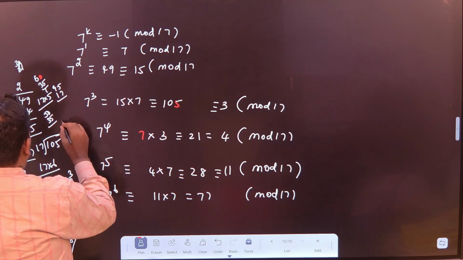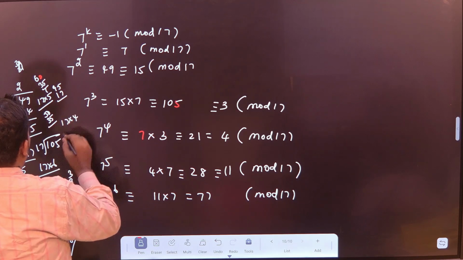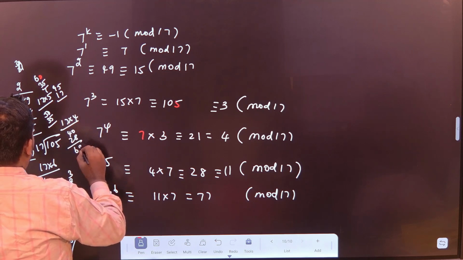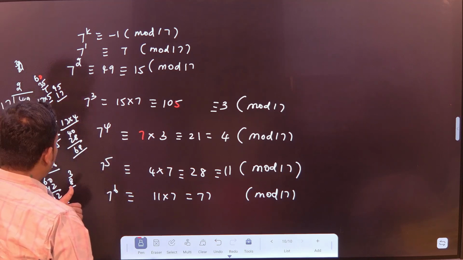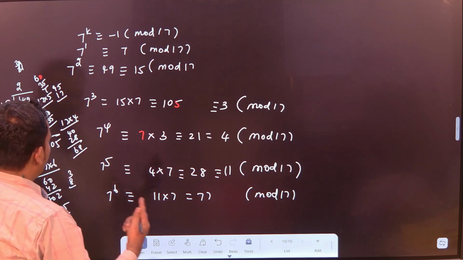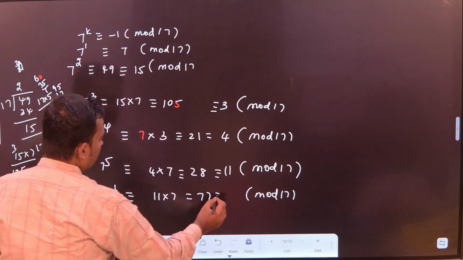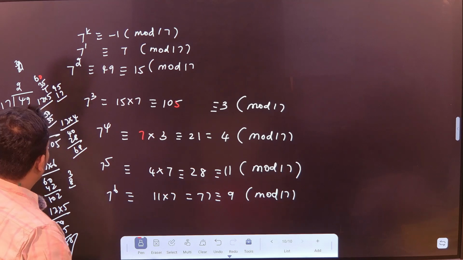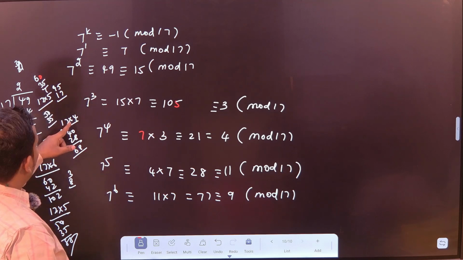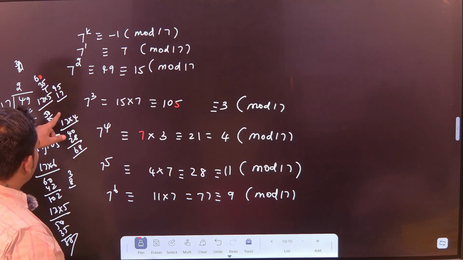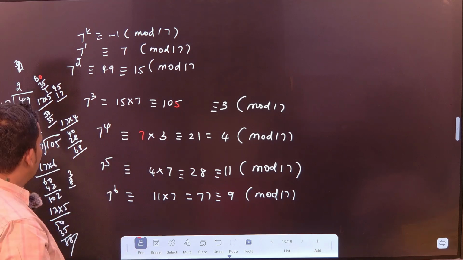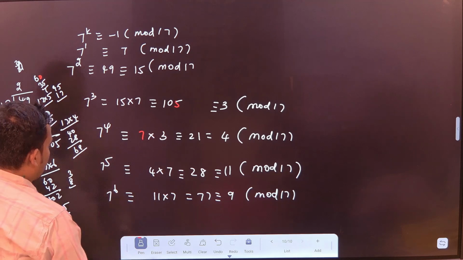Here 4 you can take. 17 into 4, how much will it be? 40, 28, 68 will come. 68, here is 2, there is 7, it is 9 is the remainder. Clear? Check it once. So 17 into 4, how much? 40 plus 28, so 68, 68, 2, that is 7, that is 77. Okay, that is 9. Yes, correct.